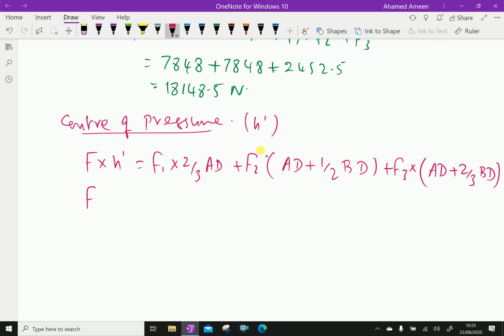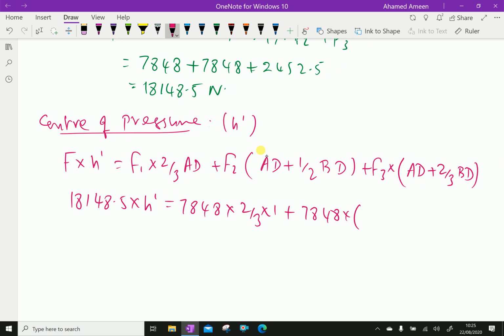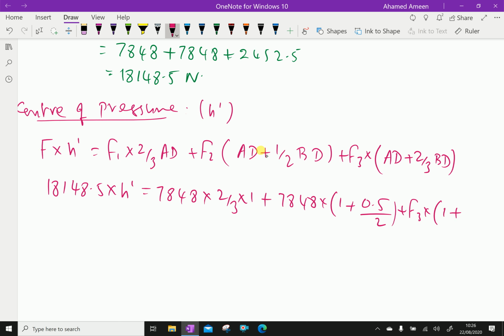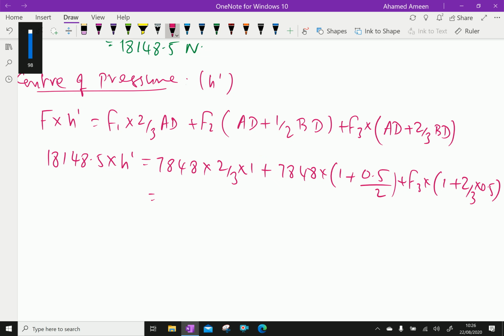We put the values: total pressure is 18148.5 into h bar. The position of center of pressure equals F1, 7848 into two-thirds of 1, plus F2, the same 7848, into AD which is 1 plus half of BD, 0.5 divided by 2, plus F3 into AD which is 1 plus two-thirds of 0.5.